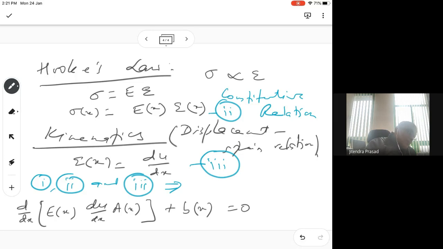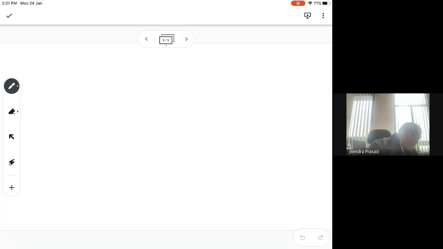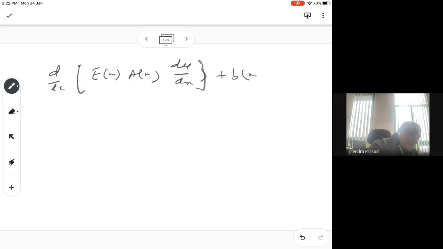So you can write d over dx of Ex multiplied by Ax du over dx, plus bx equal to 0.